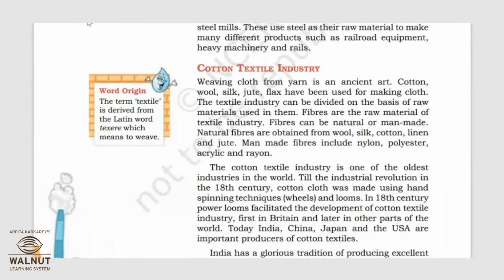Fibers are the raw material of the textile industry. Fibers can be natural or man-made. Natural fibers are obtained from wool, silk, cotton, linen, and jute. Man-made fibers include nylon, polyester, acrylic, and yarn.